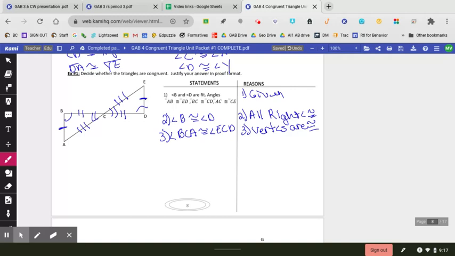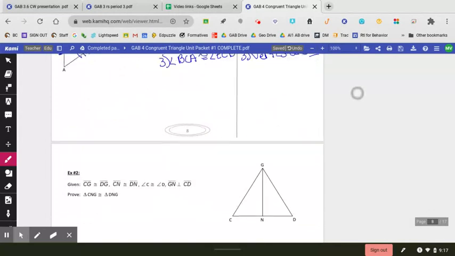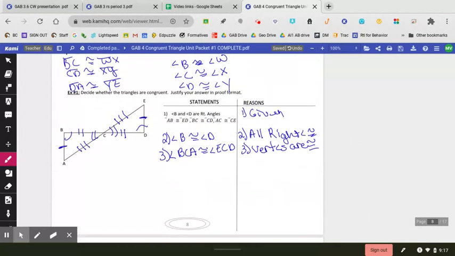But what do I know about angles of a triangle? Oh, I know they always add up to 180. So I can say that the measure of angle B plus the measure of angle BCA plus the measure of angle A equals 180.